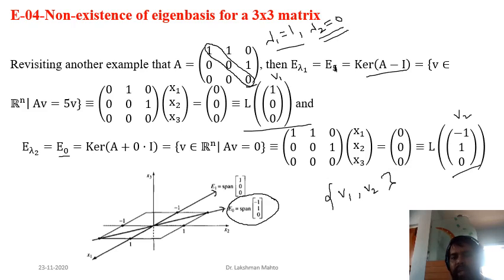What kind of operation is this matrix? It is a 3 by 3 matrix, so what is its domain? The domain is R3, and R3 needs exactly three basis elements, but we have only two eigenvectors, so one basis element is missing. Two vectors can't form a basis of R3.